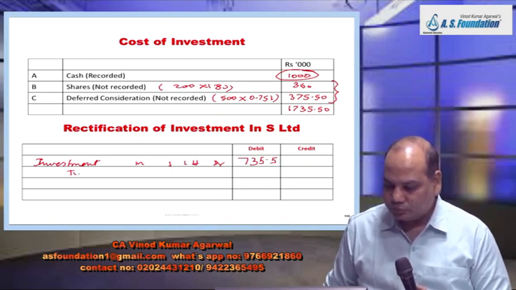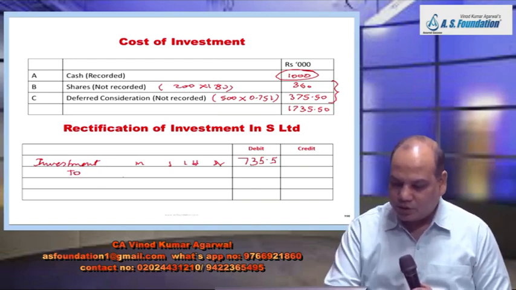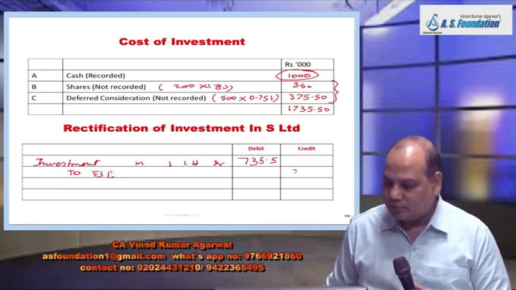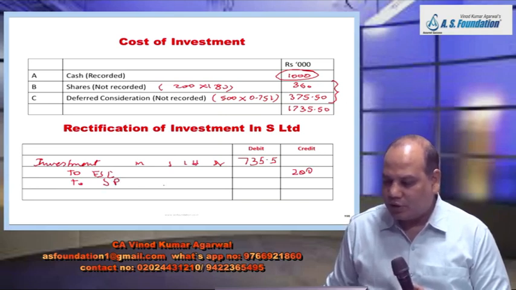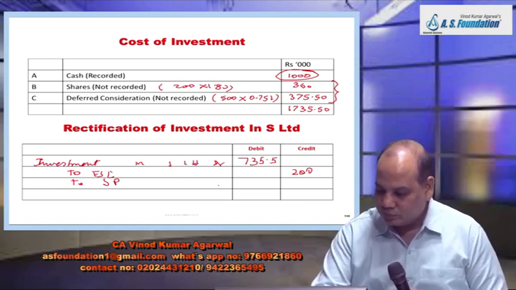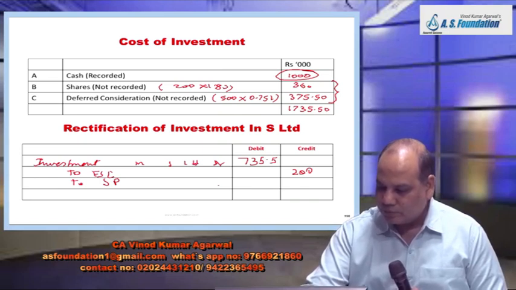To equity share capital. How much? 200 into 1. Face value. To securities premium. 200 into 1.8. 200 into 0.8. 160.